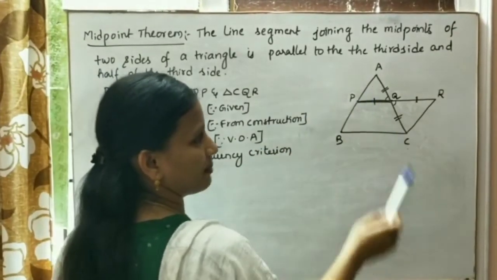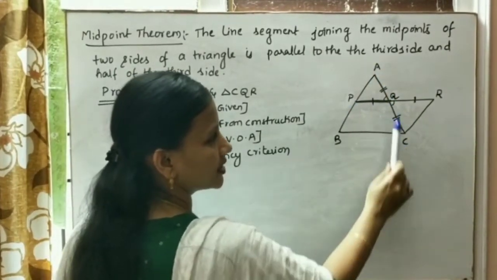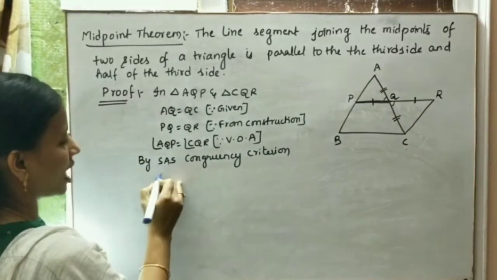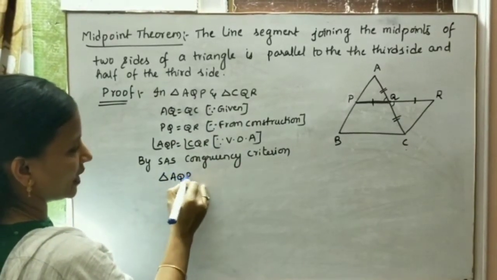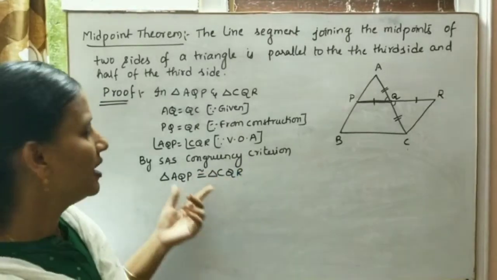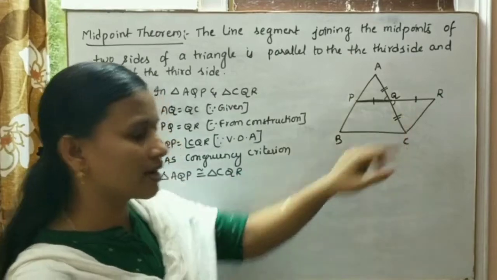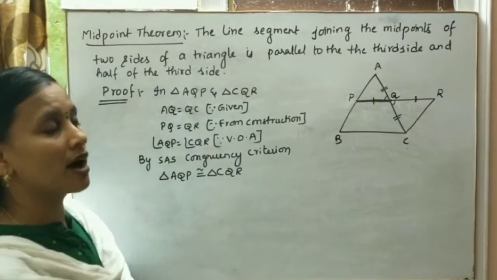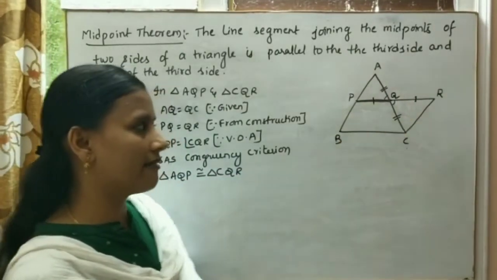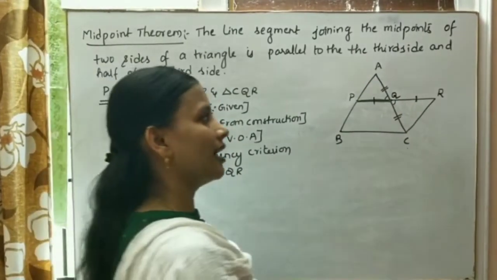Which two triangles are congruent? Here order is very important. If you start with A, AQP is congruent to CQR. So triangle AQP is congruent to triangle CQR. If these two triangles are congruent, then corresponding parts of the congruent triangles are equal. That means remaining parts of sides and remaining parts of angles are equal.